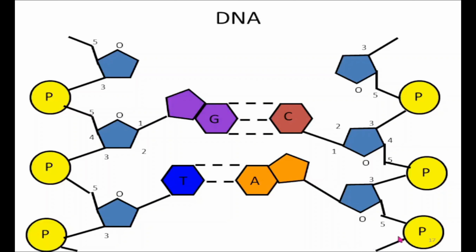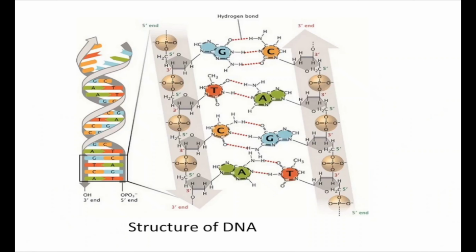In this case, you can see 5 prime. This is the 5 carbon from the pentose sugar, 5 prime to 3 prime. This runs from this to this. And this one from 5 prime from this direction to this direction. They are anti-parallel. More illustration.